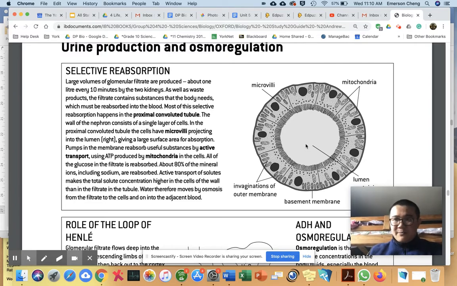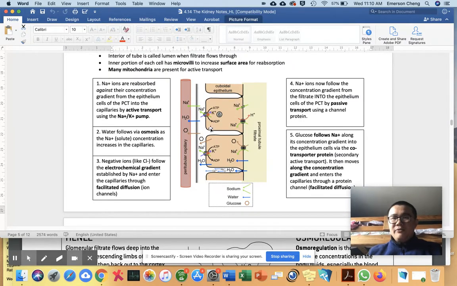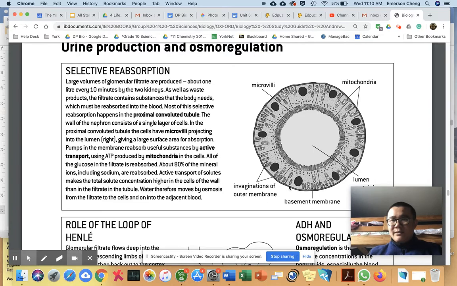Therefore, the water will move by osmosis from the filtrate into the cell and then on to the adjacent blood vessels. Here you have capillaries on the other side, outside of it. So that's how the proximal convoluted tubule works, and selective reabsorption.